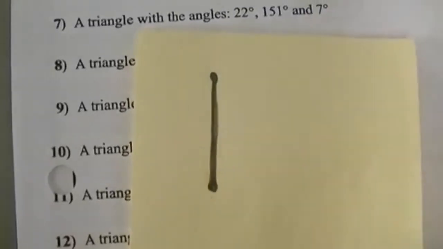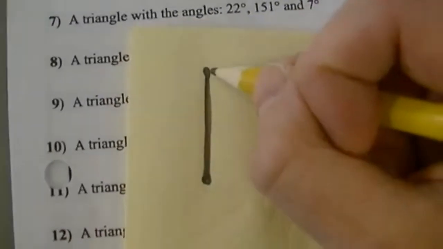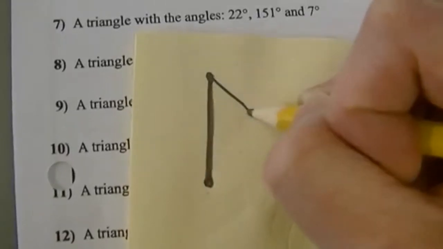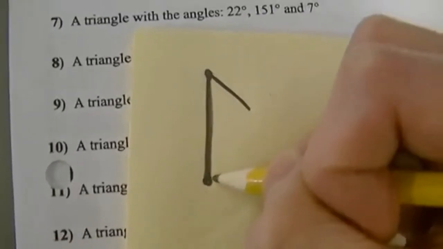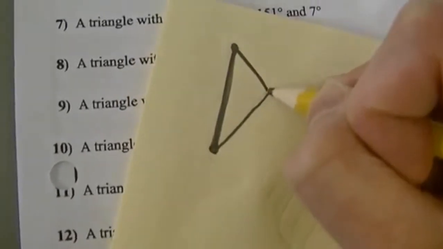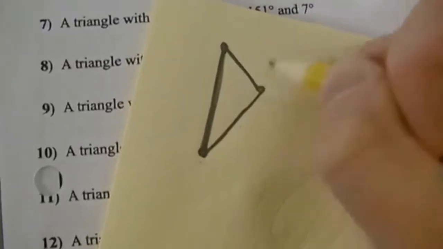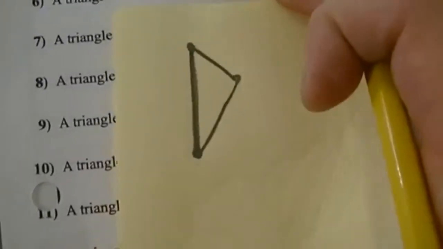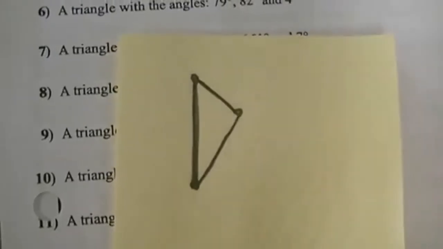So let's pretend that's the 3rd side. That would mean that to get from here to here, this side length plus this side length to form a triangle, these 2 have to be bigger than this one for a triangle to even form, okay? Does that make sense? Well, I hope it does.